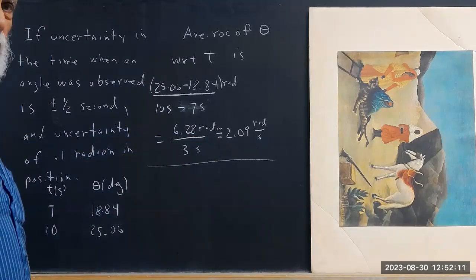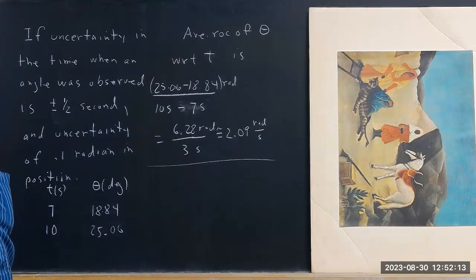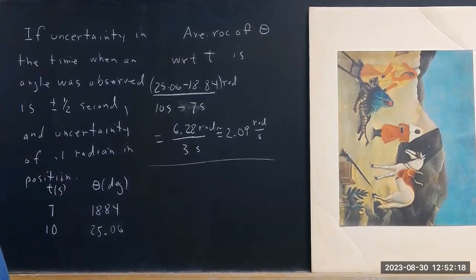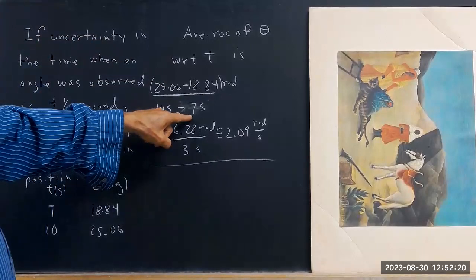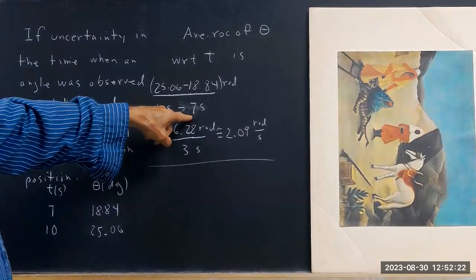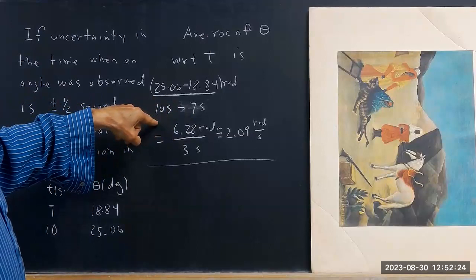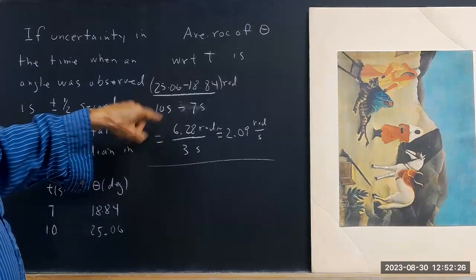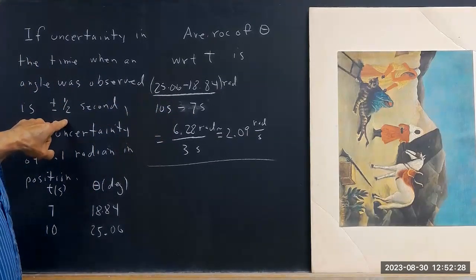Do all 3 of those figures mean anything at all? No, because as far as you know, this could be 6.5 seconds. And this could be 10.5 seconds. Okay. You have this plus or minus 1/2 second, right?